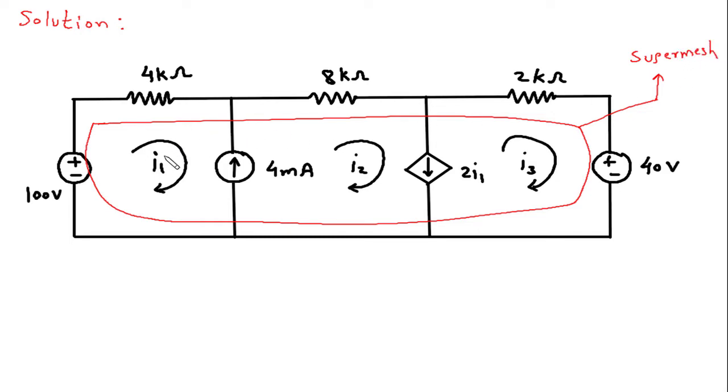Now according to the direction of this current, this will be positive, this will be negative, here this will be positive, negative, positive, negative.